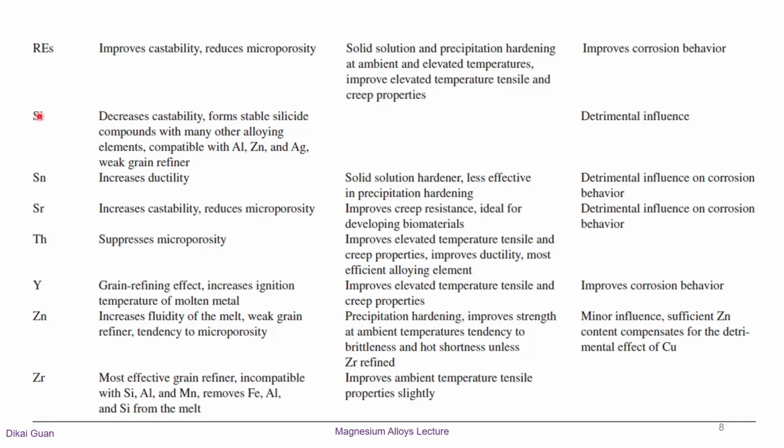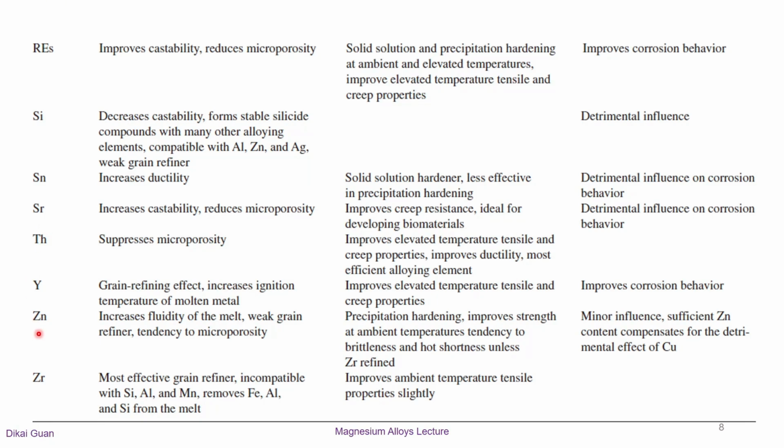Silicon can form stable silicide compounds, but it decreases castability and formability. Tin recently has been widely used as a solid solution hardener in new magnesium alloys. Magnesium strontium has been studied as a potential biodegradable material with excellent bioactivity to promote bone formation.